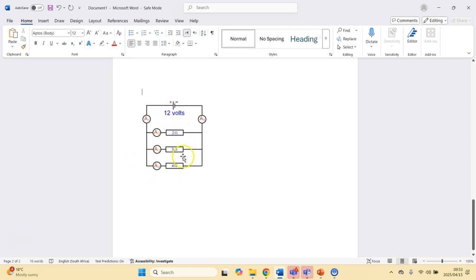Now, because these three resistors are not identical, we have 2 ohms, 3 ohms, and 4 ohms, A2, A3, and A4 are not going to be identical values. A smaller resistor will get a greater current, and a greater resistor will get a smaller current. However, if I add up the value of A2, A3, and A4, I will get the total current at A1 or at A5.